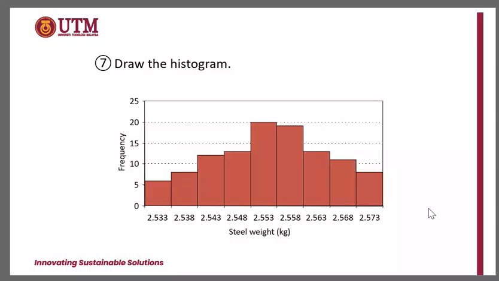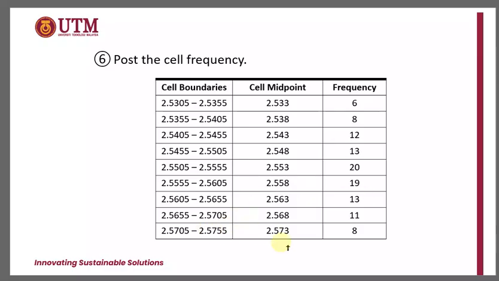Now how can we make the histogram? You have to put the midpoints here on the x-axis, in the middle of these rectangles. How many rectangles do we have? 1 2 3 4 5 6 7 8 9. Why 9? Because we have 9 classes. These are the midpoints. We have 9 midpoints.